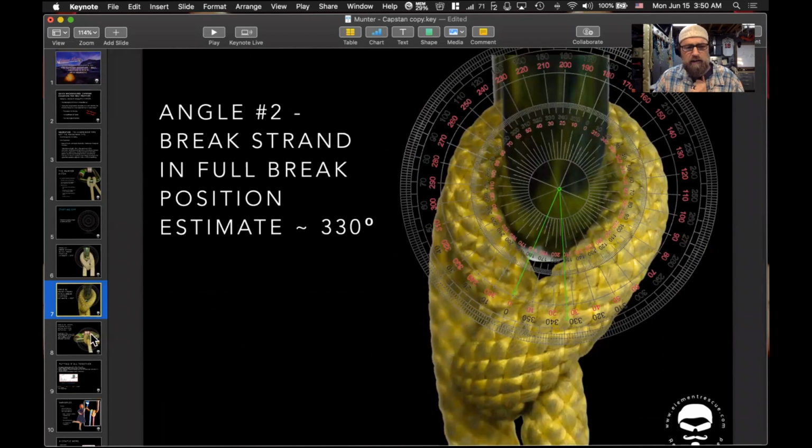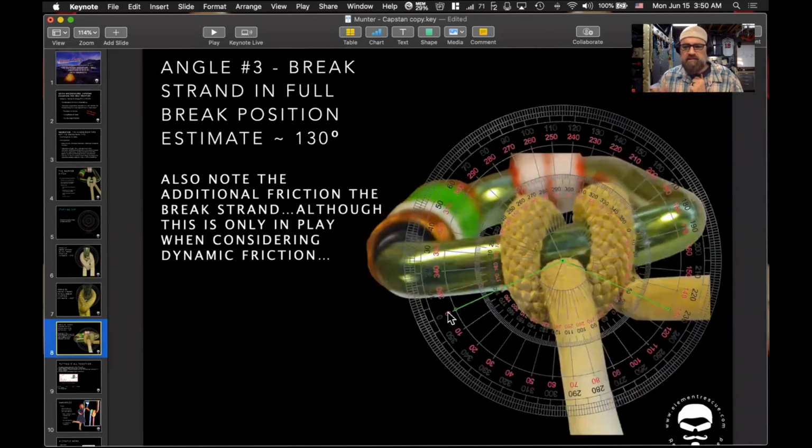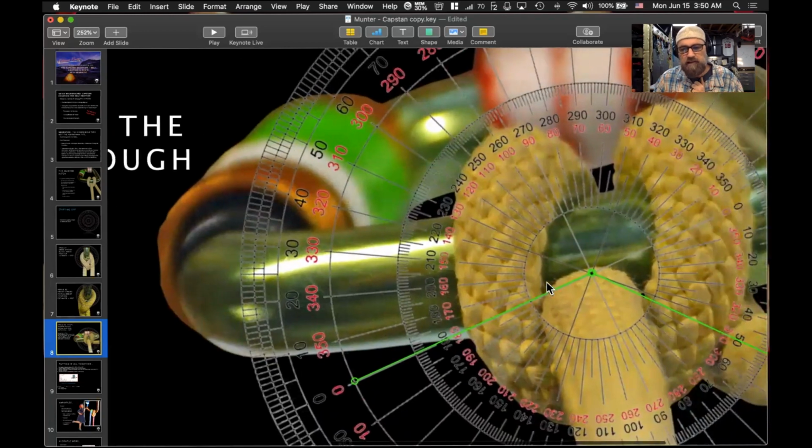Now we're looking at our final angle here, which is looking at it from underneath. The line that's coming straight towards you is that which comes from the anchor and does that large. So all we're looking at is the friction that's created with this rope running through and between the aluminum carabiner, looking at the angle of contact with the rope that comes around the bottom side of this Munter hitch here.